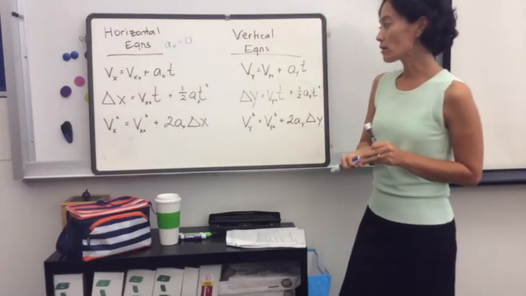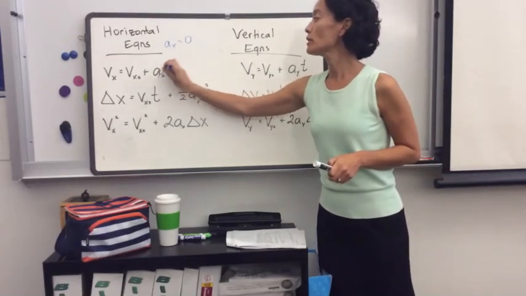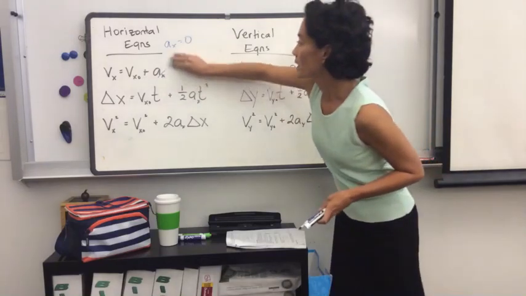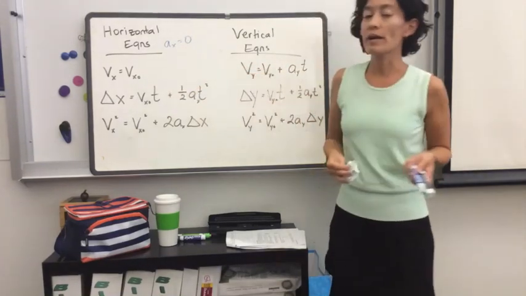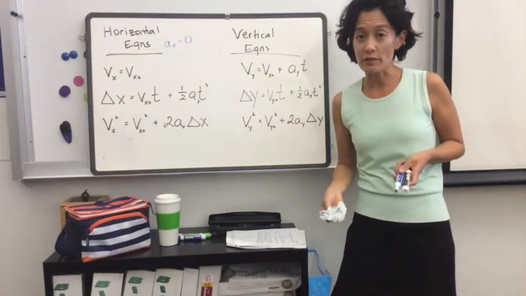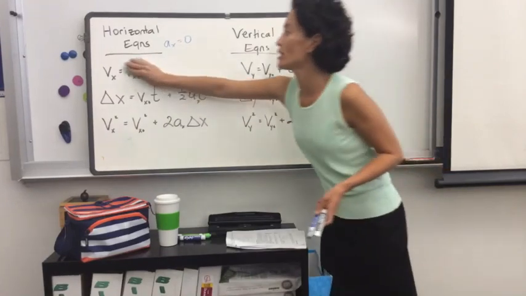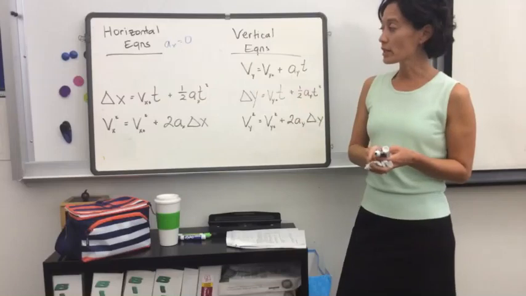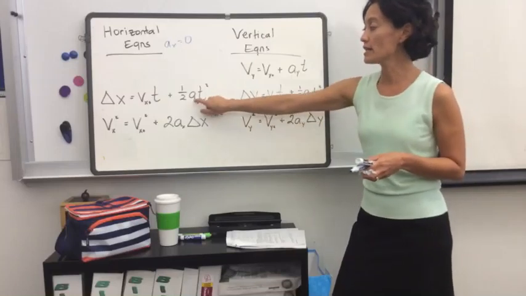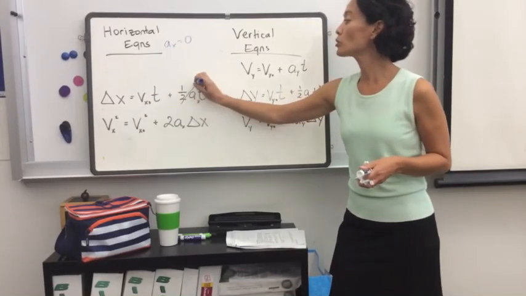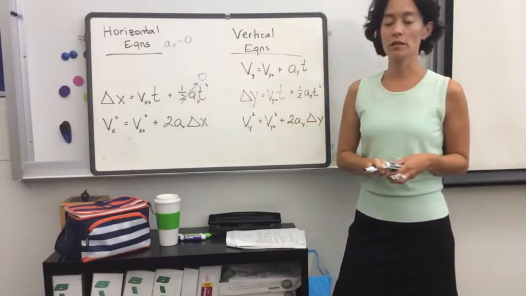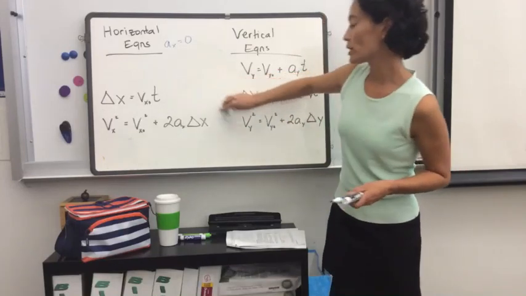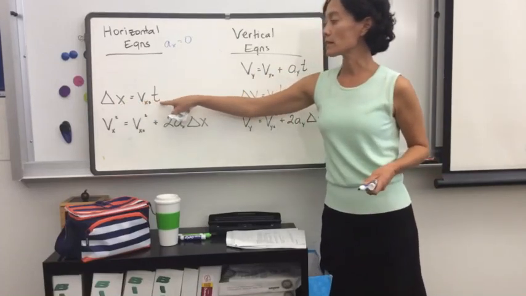So if AX is 0, then this whole term becomes 0, and this just tells me that my x velocity is equal to my x velocity, and that's nothing new, so that goes away. In the second equation, this whole term becomes 0, and I'm left with delta x is equal to vx naught times t.